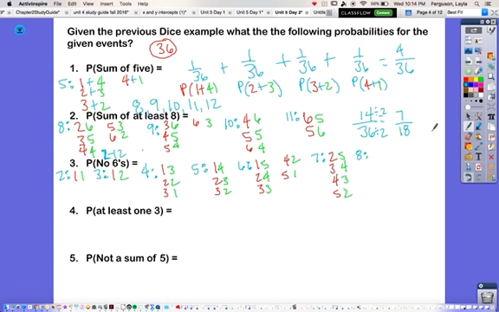For 8, I can't do 1 and 7. I can't do 2 and 6. But I could do 3 and 5, 4 and 4, 5 and 3. For 9, 1 and 8's out, 2 and 7's out, 3 and 6 is out, 4 and 5 is not, and 5 and 4 is not.